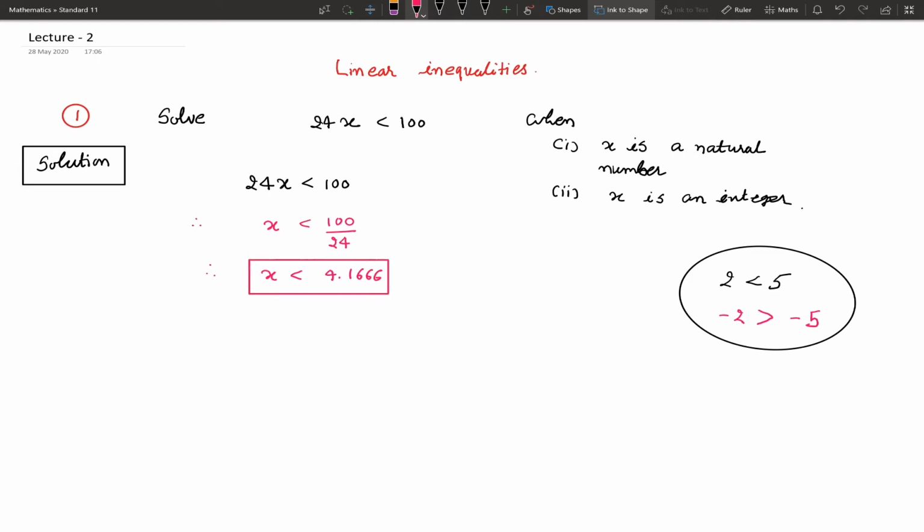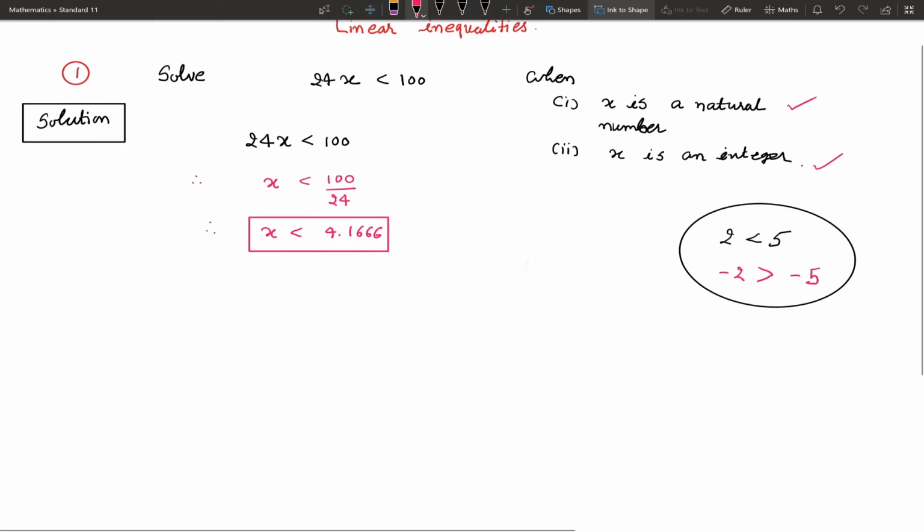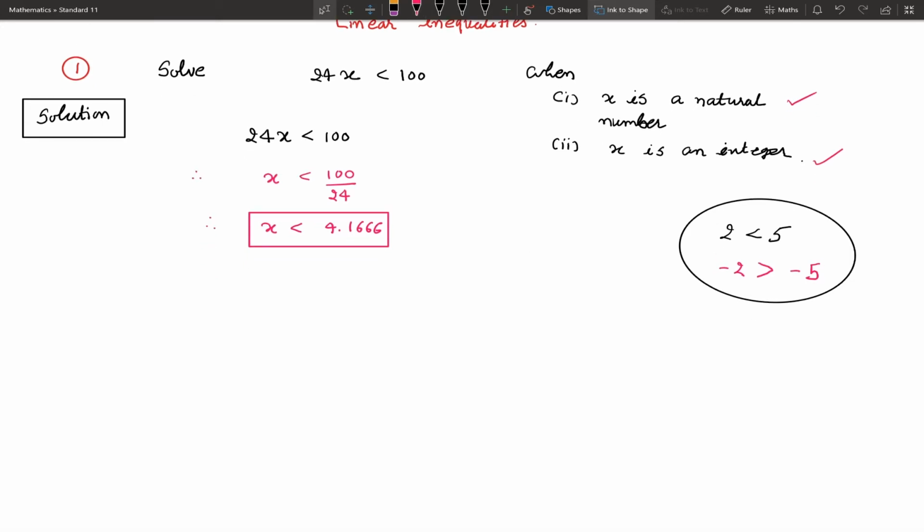Now we have to write down the solution for x a natural number and if x is an integer. The natural numbers which are less than 4.1666 are 1, 2, 3 and 4.